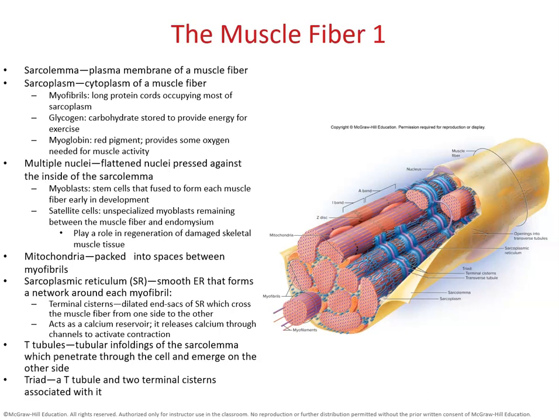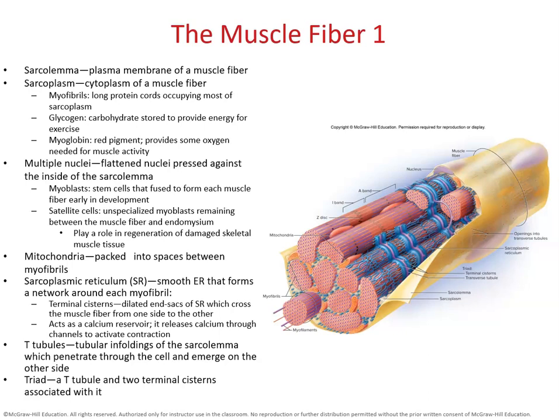And myoglobin. So myoglobin is the red pigment that we see in meat. It's also in your muscles, even though, unless you're a cannibal, you don't eat human muscles. Okay, so the myoglobin is related to hemoglobin, and it also provides oxygen for muscles to use.